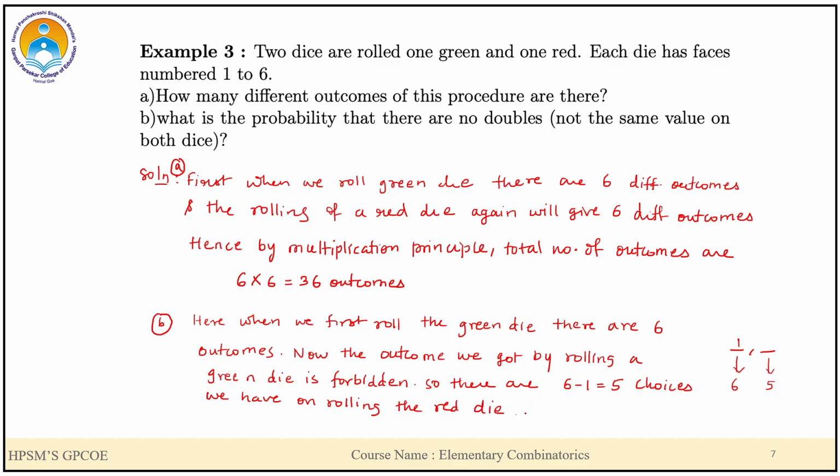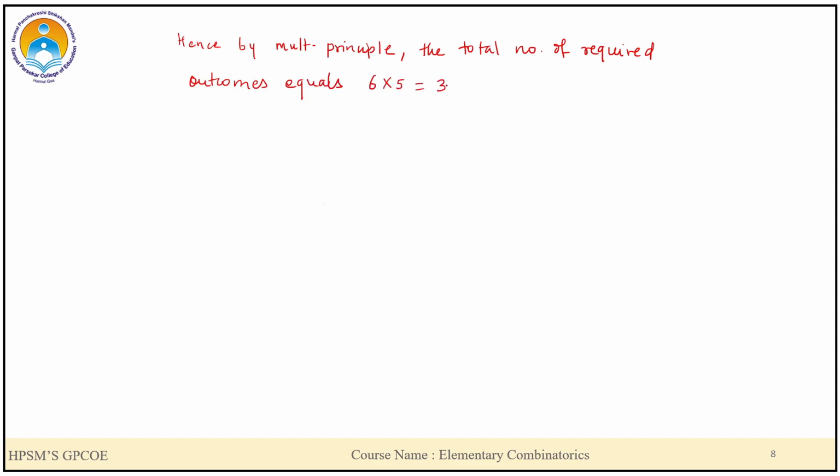Hence, by multiplication principle, the total number of required outcomes equals 6 into 5, which is equal to 30 outcomes with no doubles.